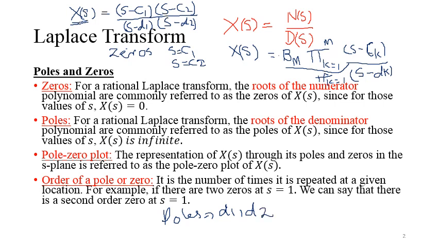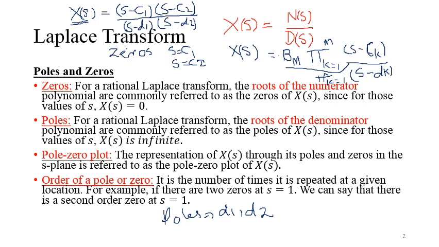So we can also express X(s) in terms of poles and zeros. The locations of poles and zeros in the s-plane uniquely specify X(s), except for the scaling factor.